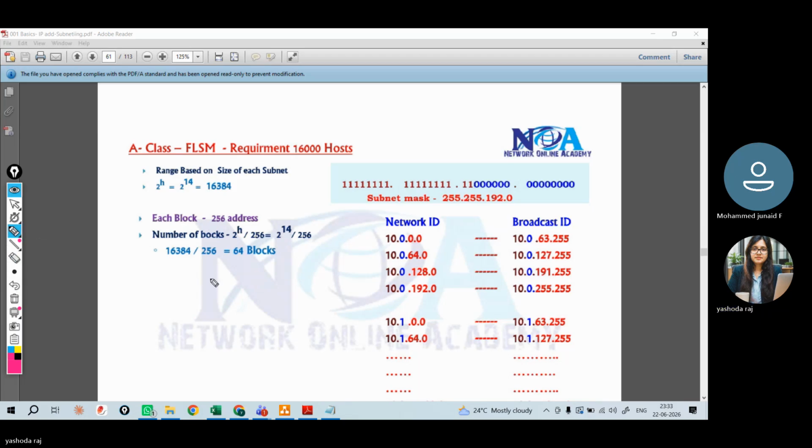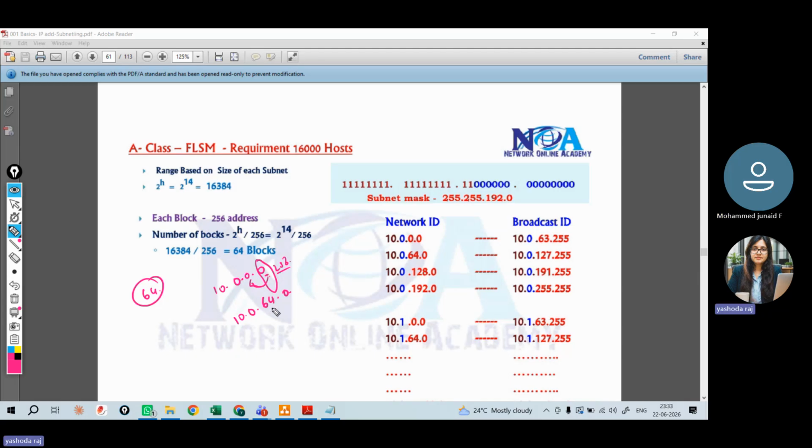That means 10.0.0.0, add 64 blocks to this. Can I add it here? I get only 256 IP addresses in this octet. Where should I add? Next I have to move to this octet only, no? 10.0.64.0. Yes or no?